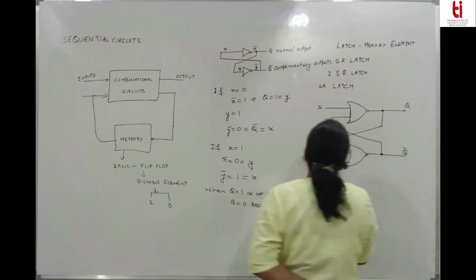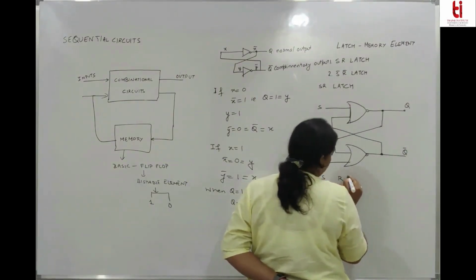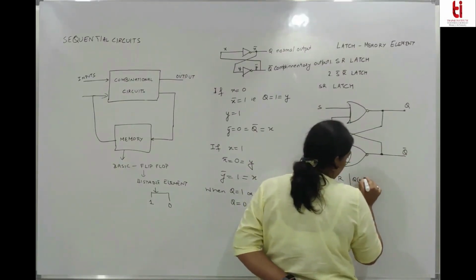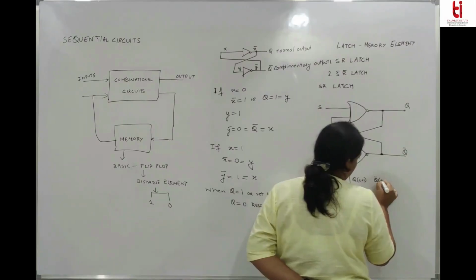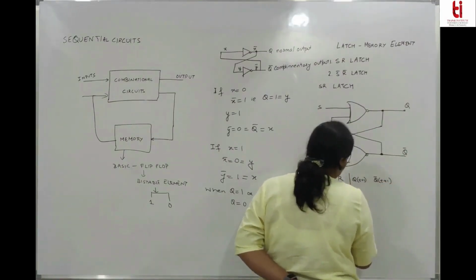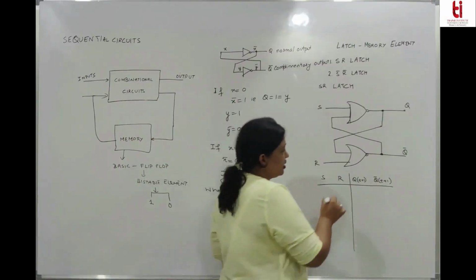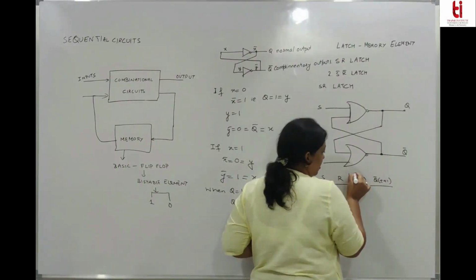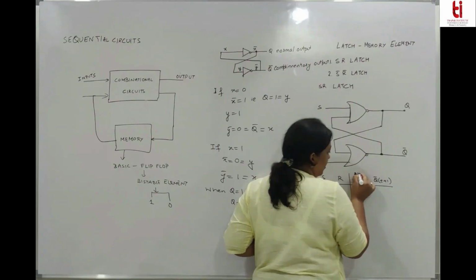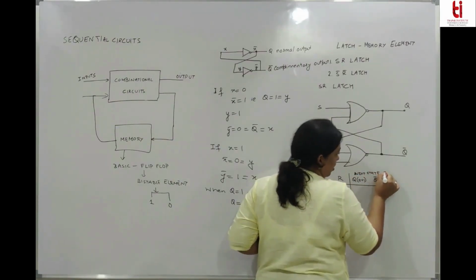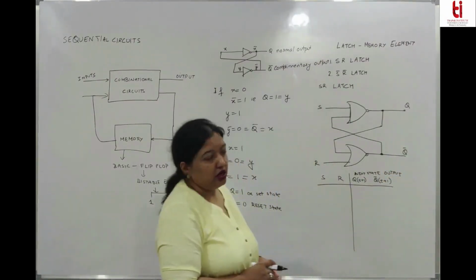So if you write a table for this, this is a truth table. This is actually the next state output, so it is just giving us Q and Q bar.